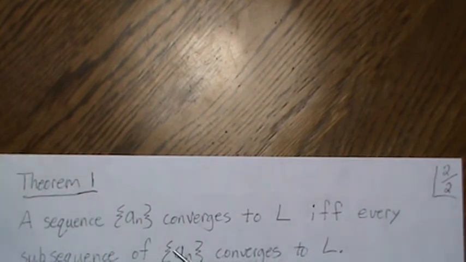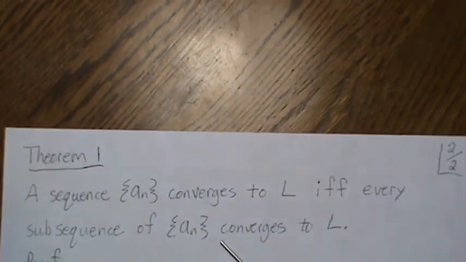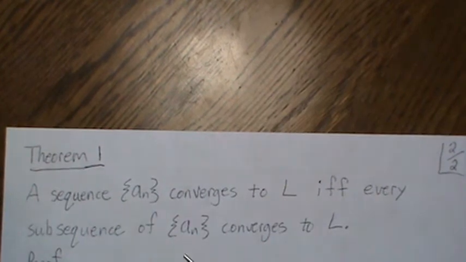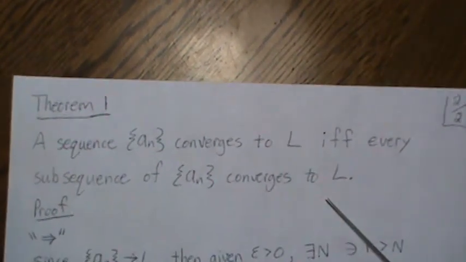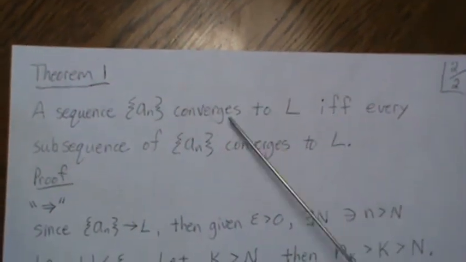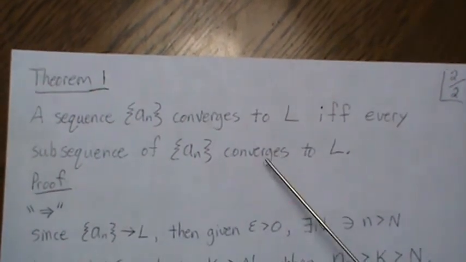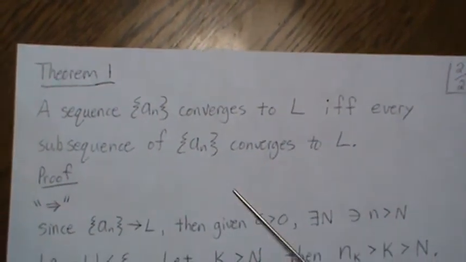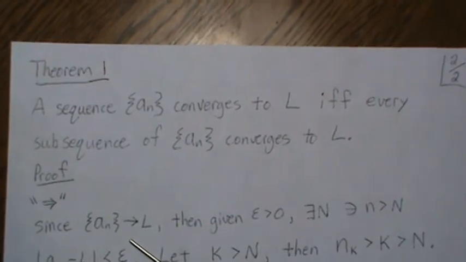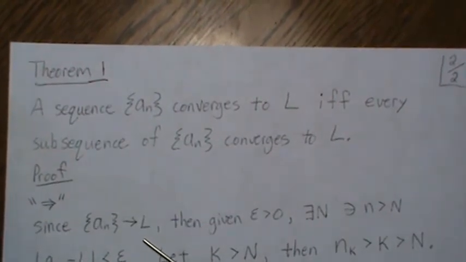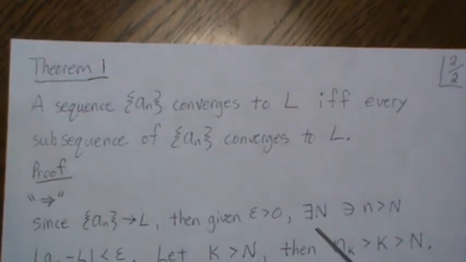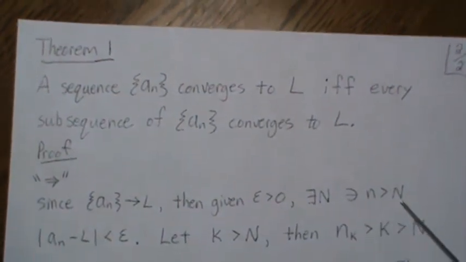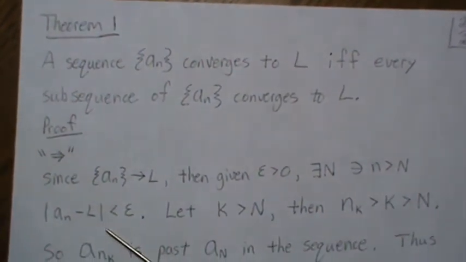So now let's do a theorem here. A sequence a_n converges to L if and only if every subsequence of a_n converges to L. Since it's if and only if, we assume this is true and prove that, and then we have to assume this is true and prove that. So let's go this way. We assume that the sequence has a limit, call it L, then given epsilon greater than 0, there exists an N such that for n greater than N, we have this as true.